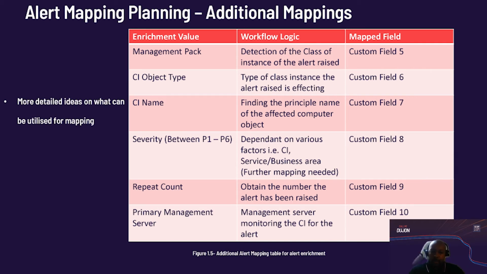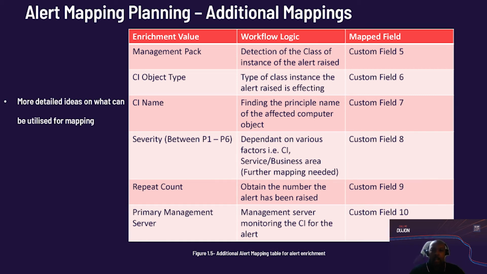So the repeat count is how many times the actual alert re-alerts again and again, and that is simplified into the actual repeat count statistic. You can see this information in a column view in the alert view as well.